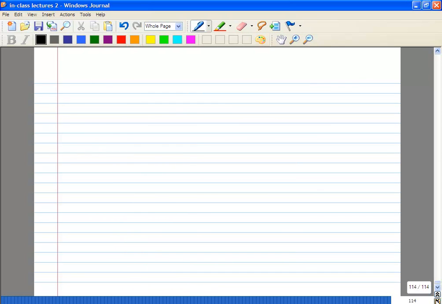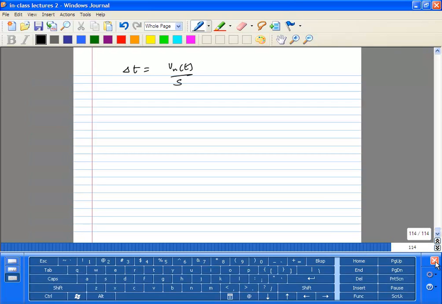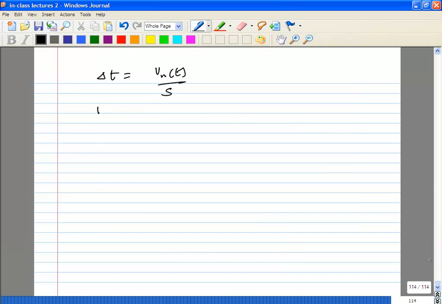Okay. So now we also know that delta t is V1 of t over S. Then what we are going to do is find the average value of In of t over that period. What is this?